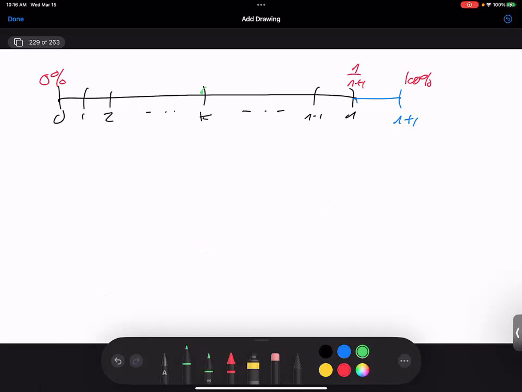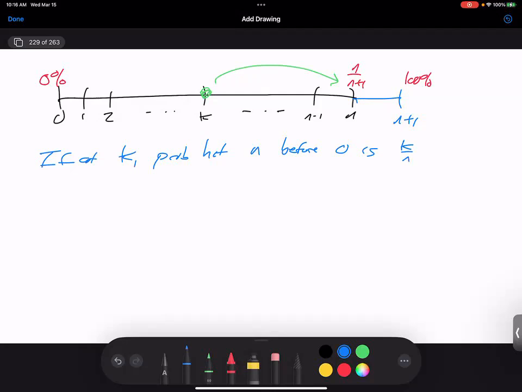If we're at k, what's the probability we hit n before we hit 0? It is k over n, because we're assuming we know the answer is k over n.